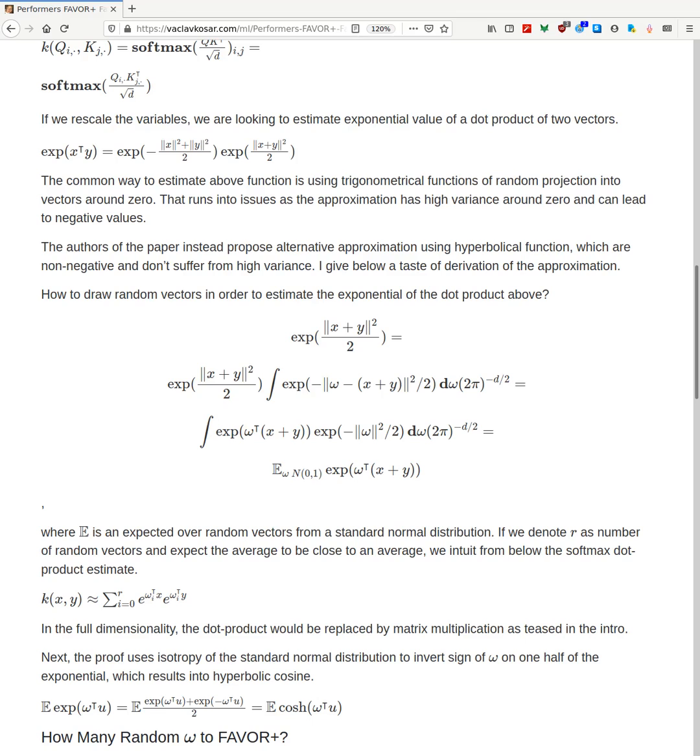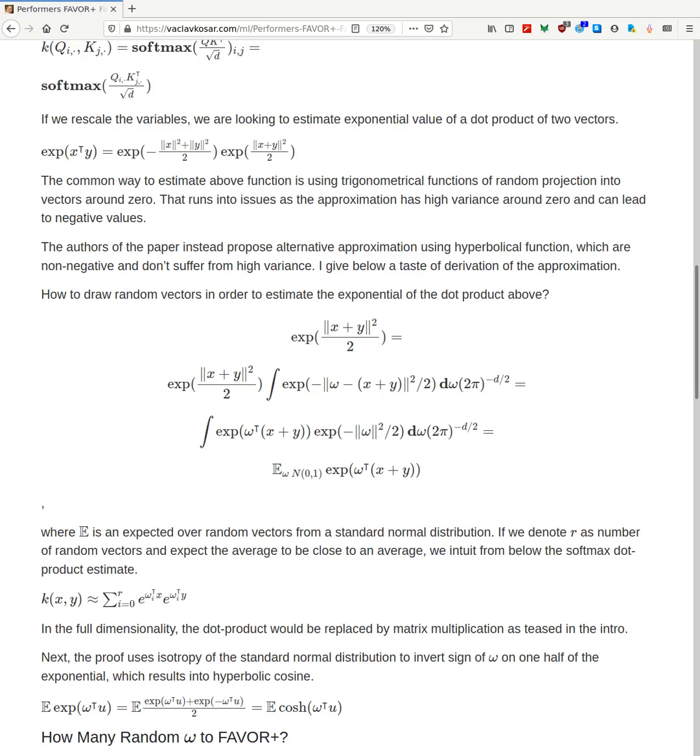There are well-known ways how you can approximate it, and it's usually using trigonometric functions and random vectors. However, in this case, we will use a little bit different approach. Well, in the paper they use a different approach, and this approach actually uses hyperbolic functions instead of trigonometric. But I will mention that later.